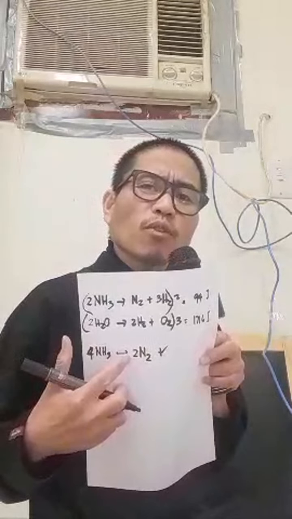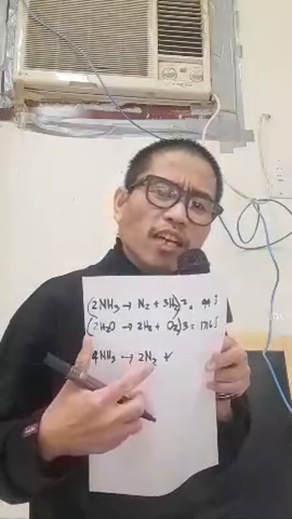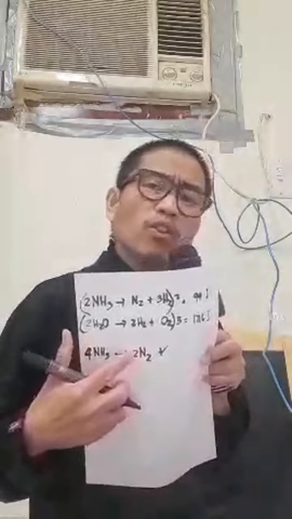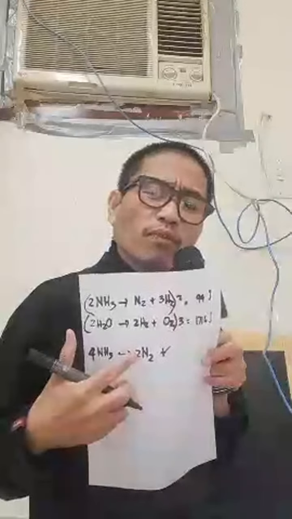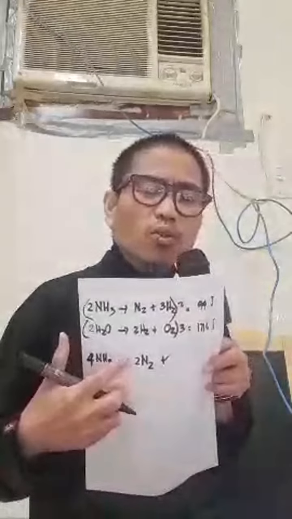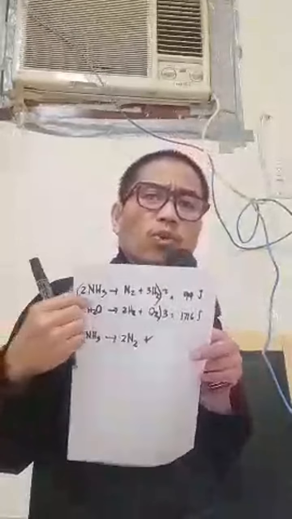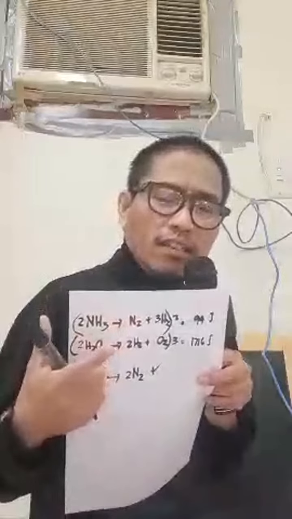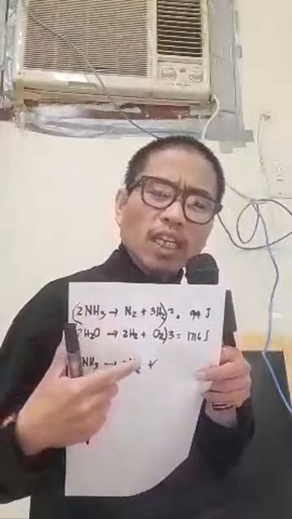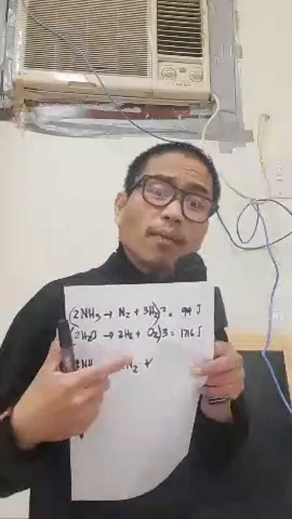So 2 moles of nitrogen gas is equal to 4 atoms of nitrogen. But you will never say 4 atoms of nitrogen gas, only nitrogen, because 2 times 2 is the totality. For moles, you say nitrogen gas, but for atoms, nitrogen only, because an atom is individual, without considering the subscript.